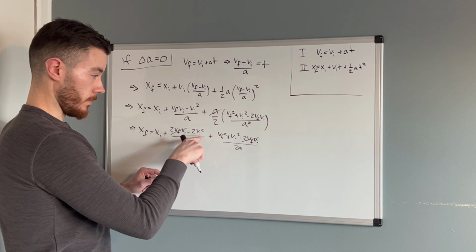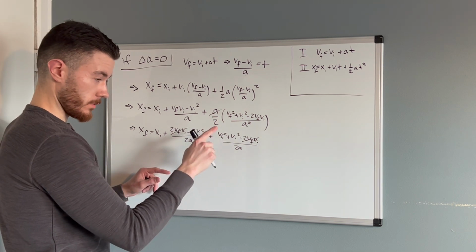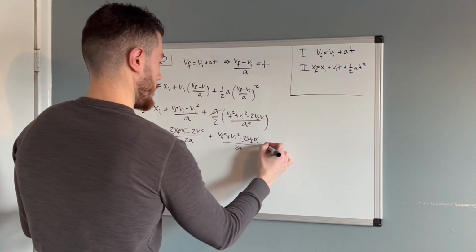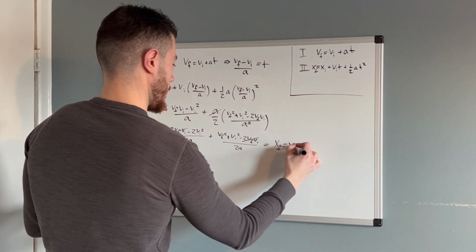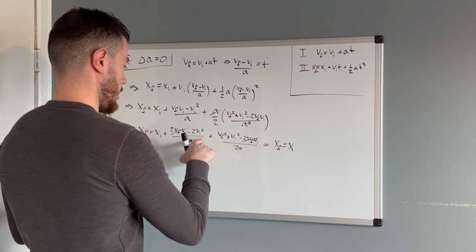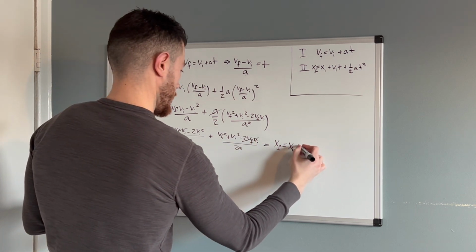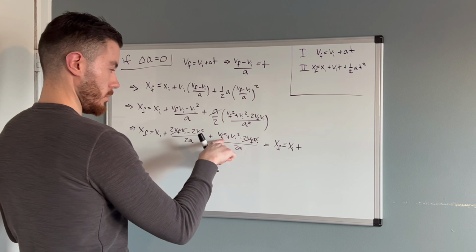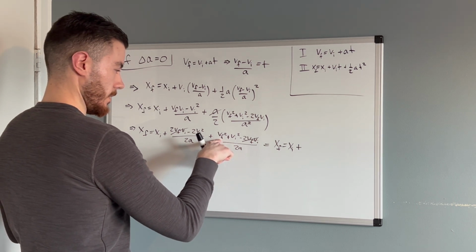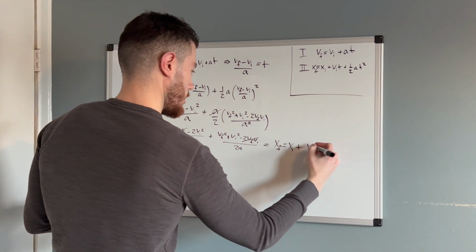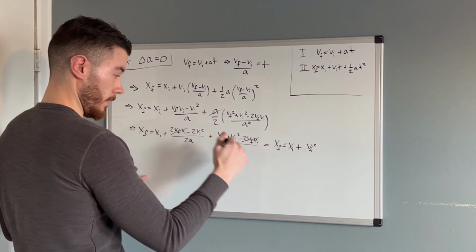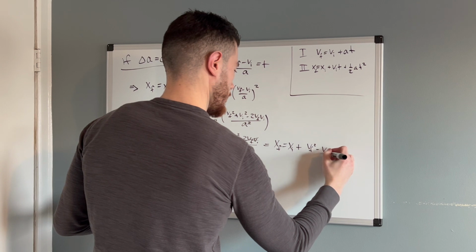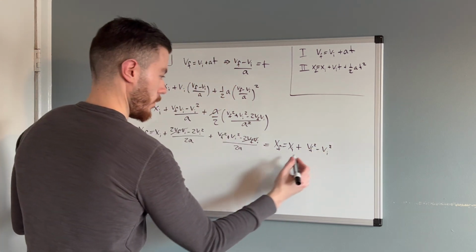Minus 2vi squared plus 1vi squared is minus 1vi squared. Xf equals xi plus vf squared minus vi squared over 2a.